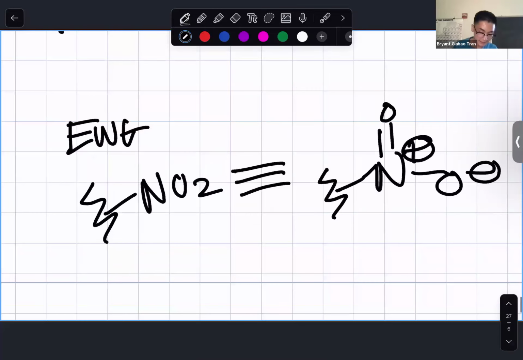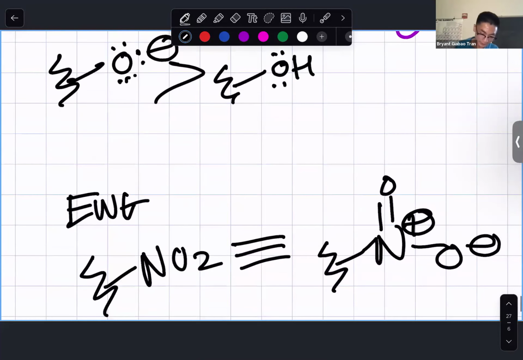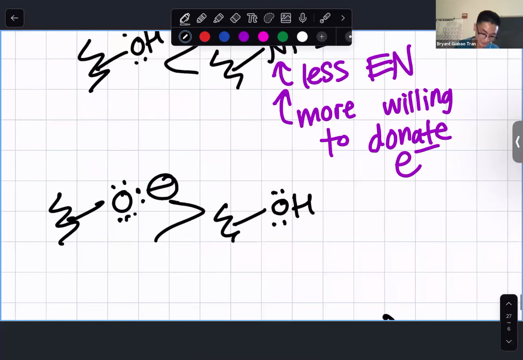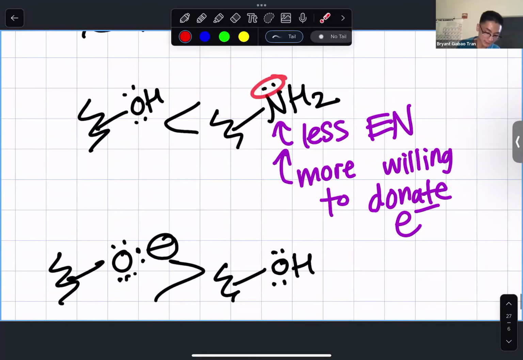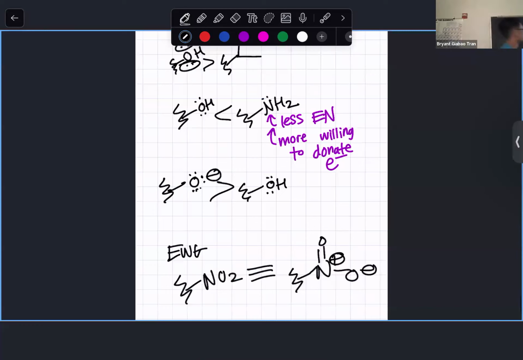And one of your strongest EDGs is going to be your NH2 because it has a lone pair of electrons, and it's on a nitrogen that is less electronegative than oxygen. So that's the polar opposite, NH2 and NO2. NH2 is a very strong EDG. NO2 is a very strong EWG.